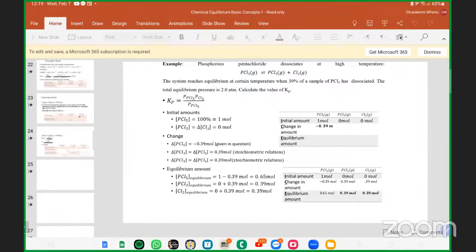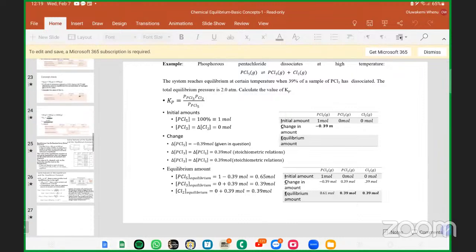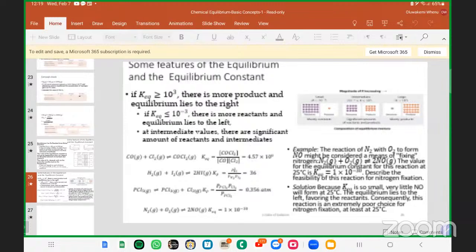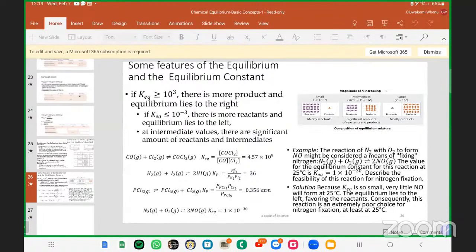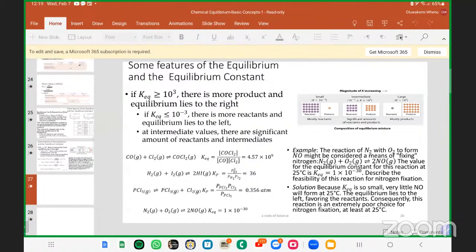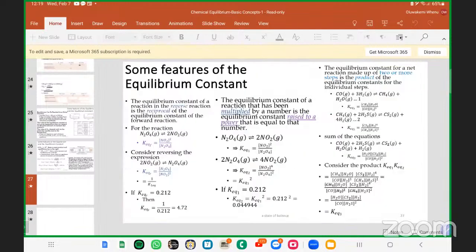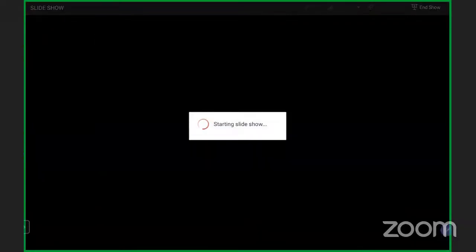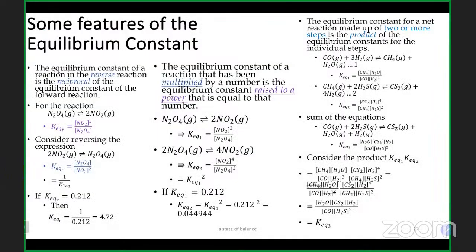So we'll continue discussing the characteristics of the equilibrium constant. For those following with your slides, if you have printed them out, I'm on page 12 of slide 26.